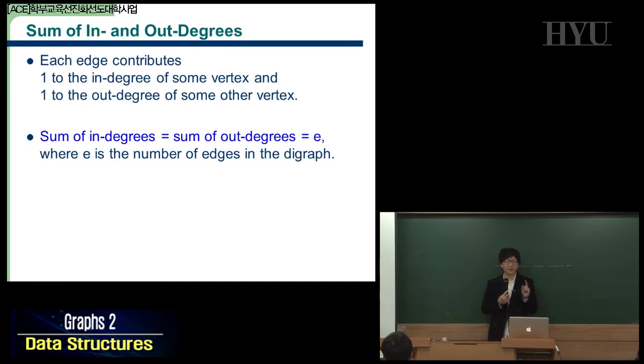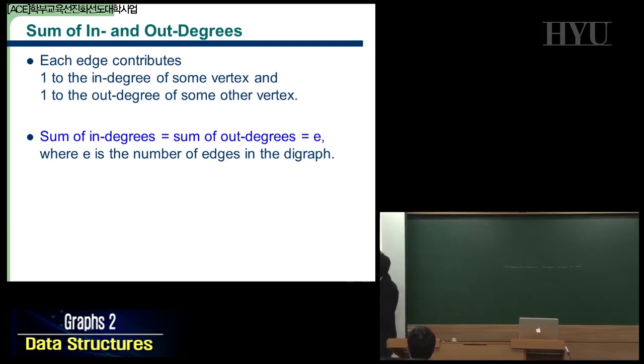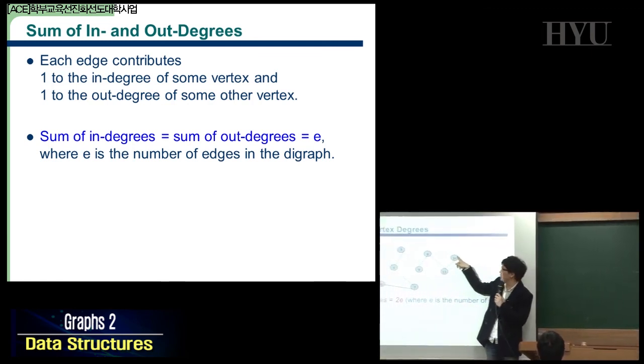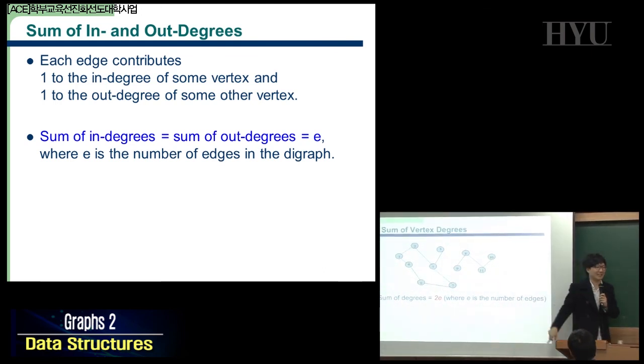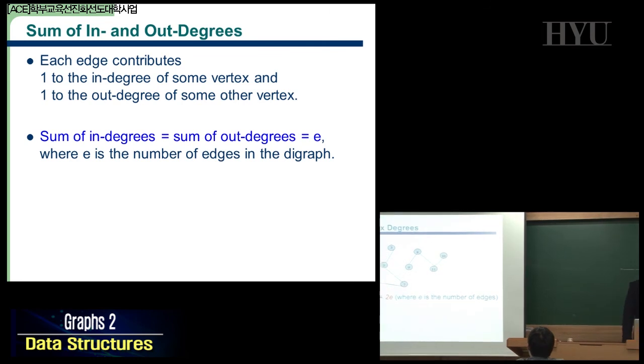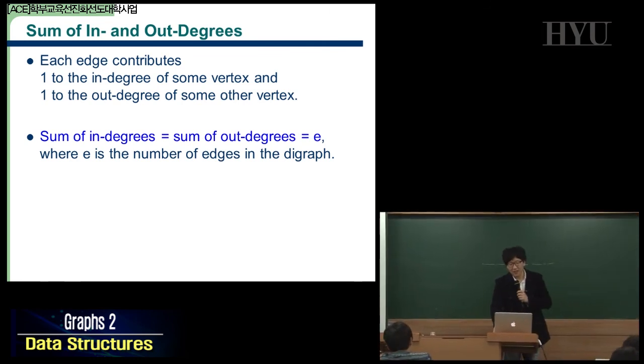The sum of the degrees is 2 times the number of edges, because you're counting each edge twice, one from each end. 2 times E, number of edges.